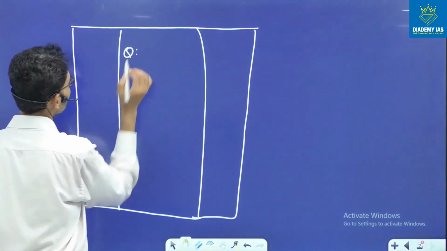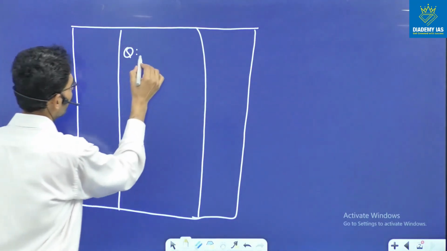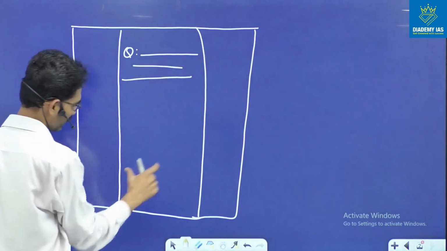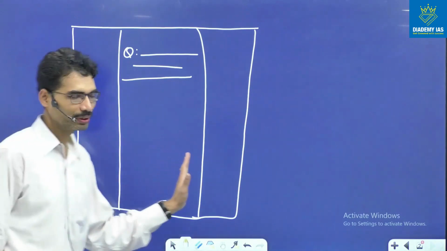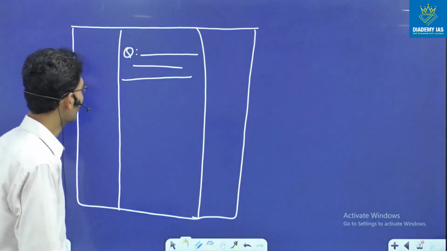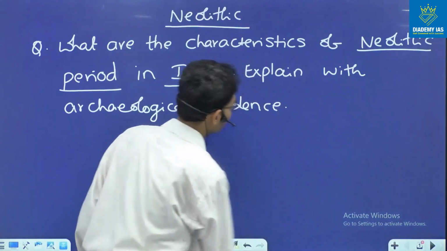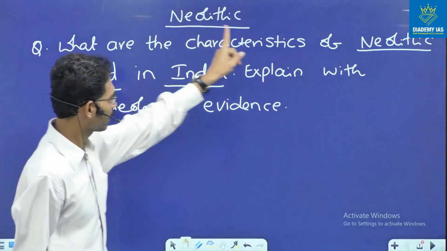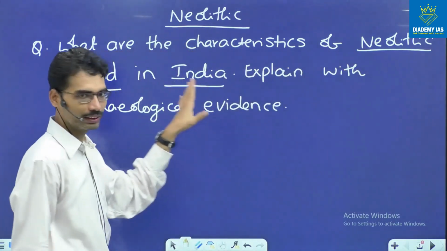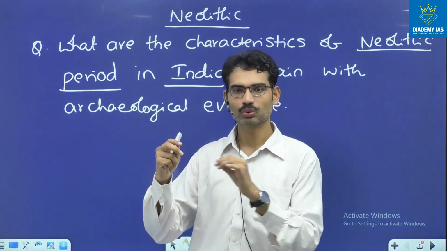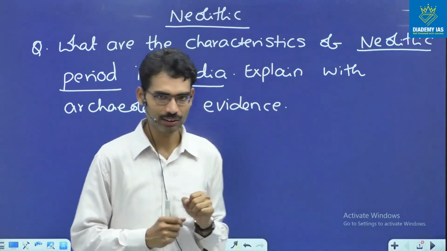Here the question is printed, and this particular space is given to you. Whether it is 1 page, 2 pages, or 3 pages doesn't matter. Suppose the question asks about the characteristics of the Neolithic period in India. Read the question 2-3 times, then only you will get the essence of it.